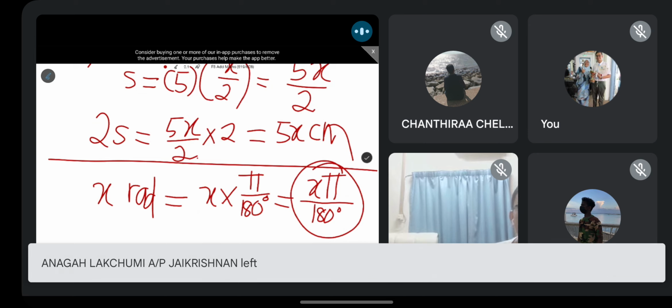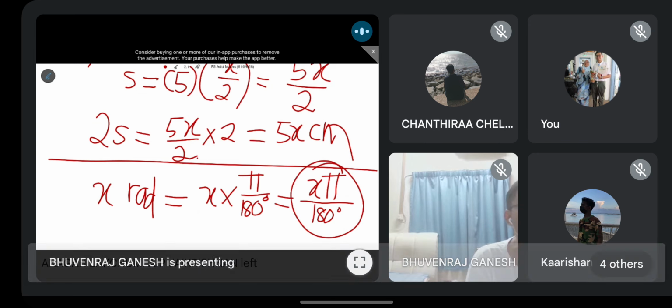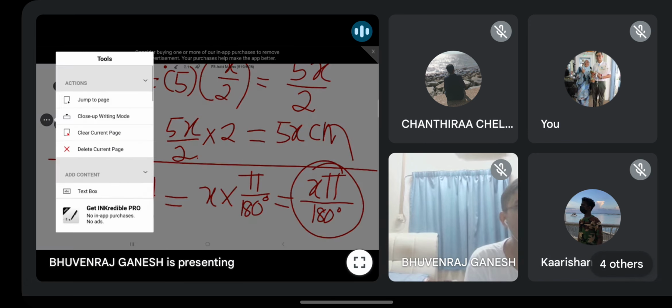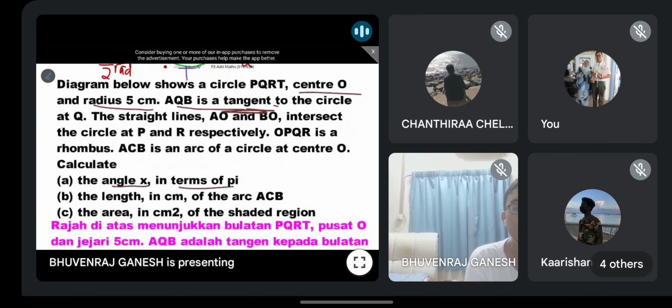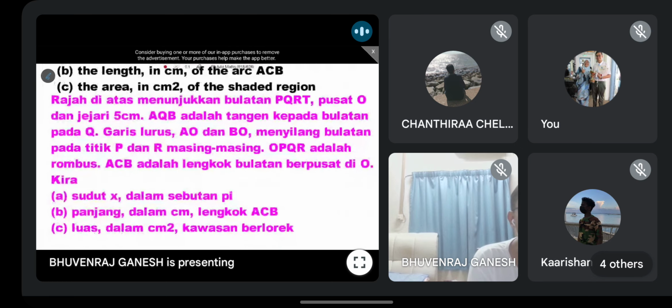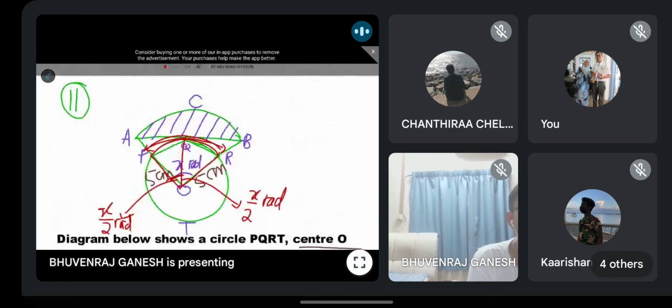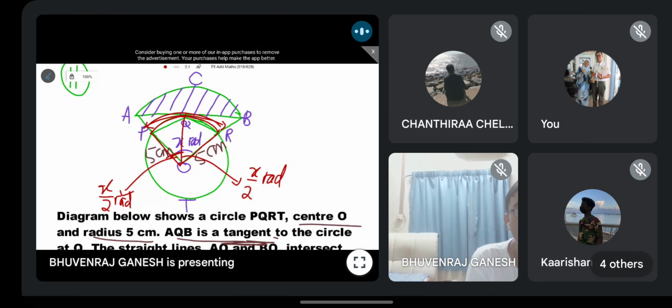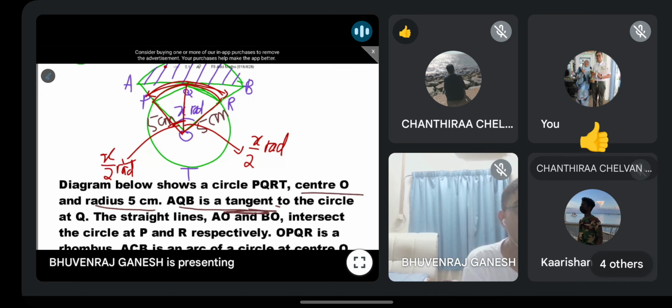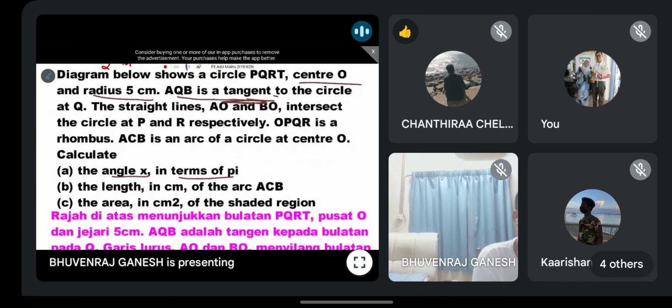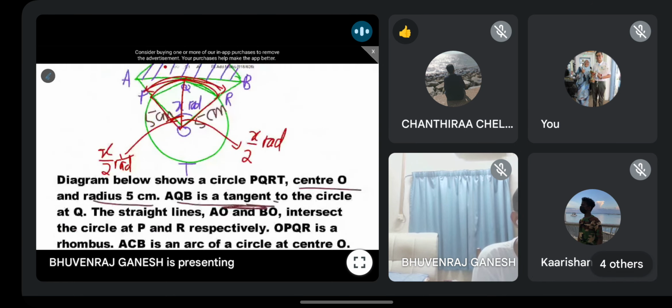X dalam sebutan pi. You just convert to radian mode only. Kamu hanya perlu convert saja. Tukar only to bentuk radian. Then you can get the answer. Sudut x dalam sebutan pi. Okay guys? Understand cara nak buat? Actually it's a simple question only. Tak perlu buat panjang-panjang. Okay?